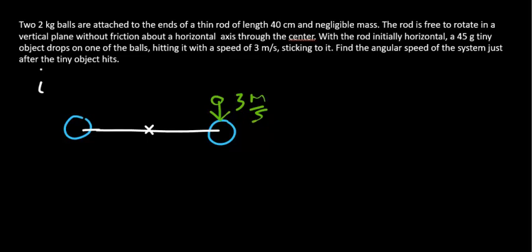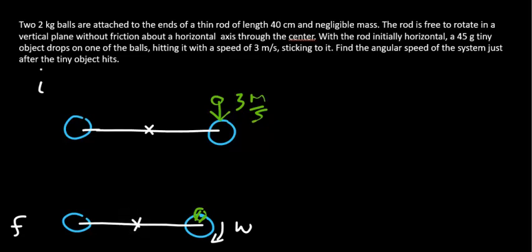Now the final state is when the impact already happens. So that is the rod system, and the tiny object now sticks with it, and this entire system starts to move like that with some angular speed omega, and that is what we want to find. And the rotation is again about the center.